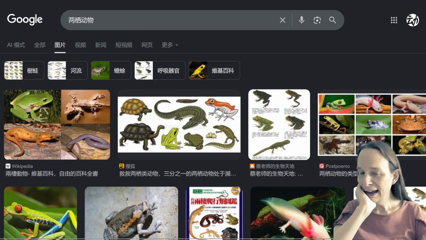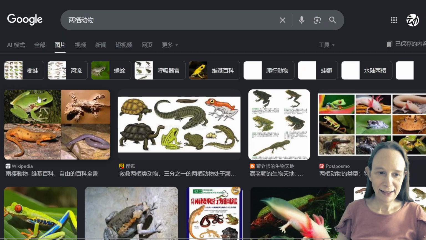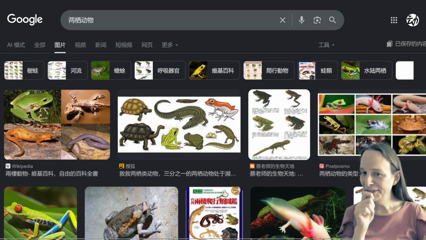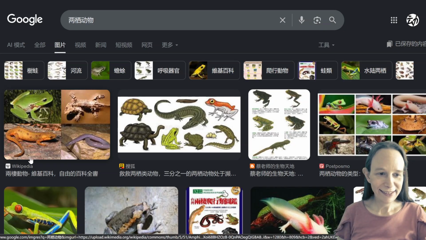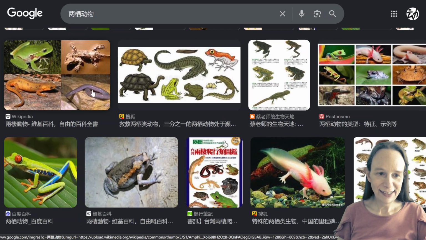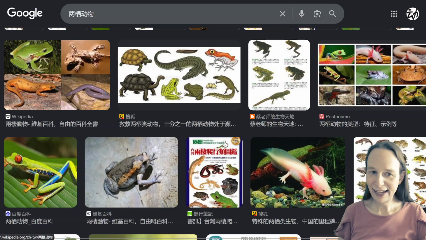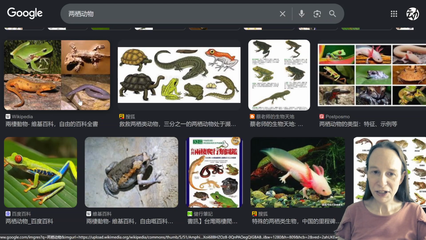青蛙, 蛤蟆. What's salamander? I feel like I know these. Some of these. Don't know this one. What's that? Is that a snake? I don't think snakes are amphibious. Oh, maybe it's a leech.